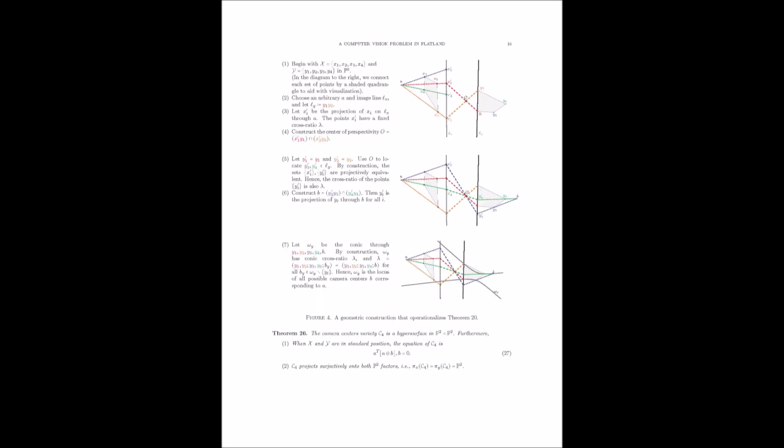It's determined by the ratios of the distances between the points where those lines from the first point intersect the transversal. So it's like a measure of how spread out or bunched up those 4 points are on the conic. Exactly. And Theorem 20 is saying that the conic cross ratio of those projected points from the second camera has to match the conic cross ratio of those original 4 points in Y. Precisely.